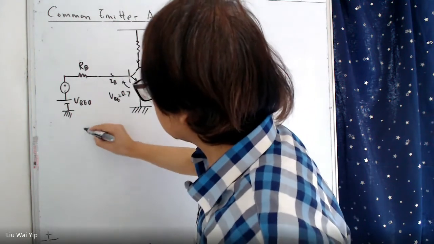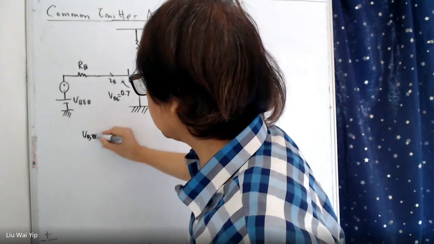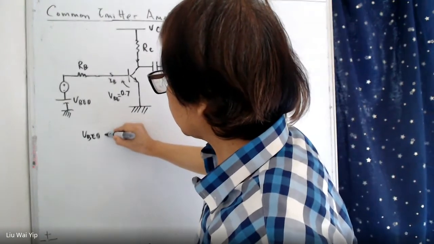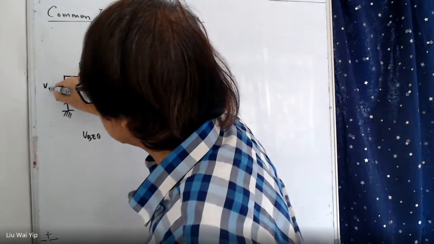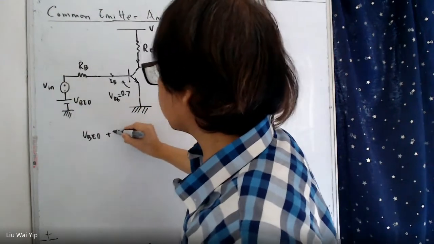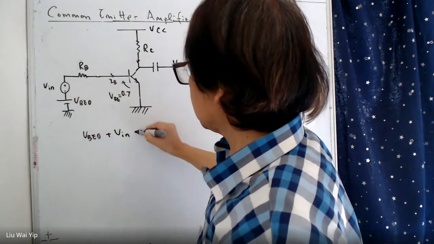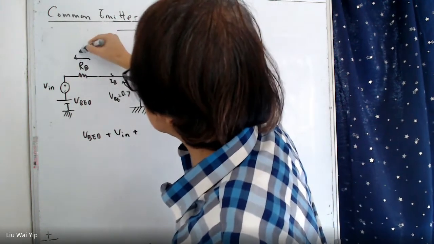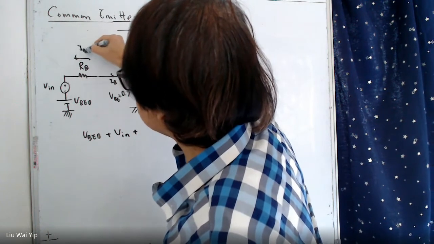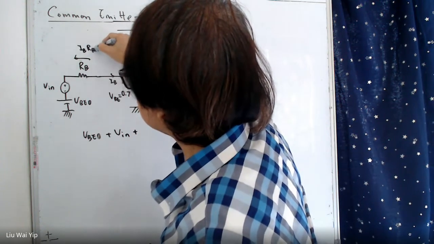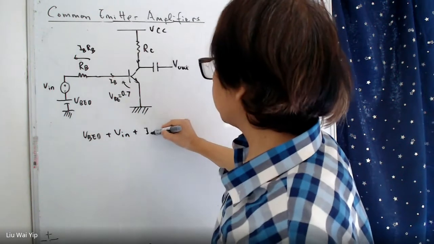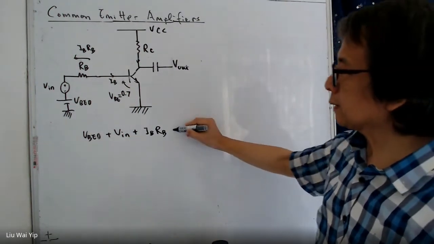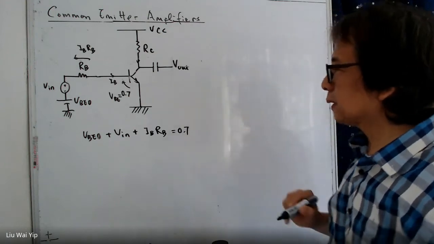So in this case, VBE naught plus Vin plus the potential difference in here is equal to 0.7.